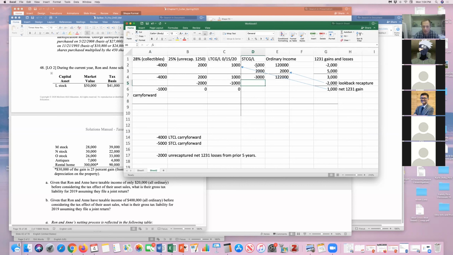But if I go to my short term, I've ended with a $3,000 net loss. I want to check the rules, which one I'm supposed to use first. Do I have chapter 7?